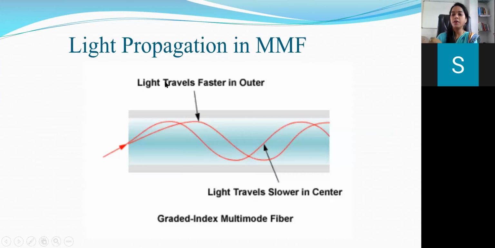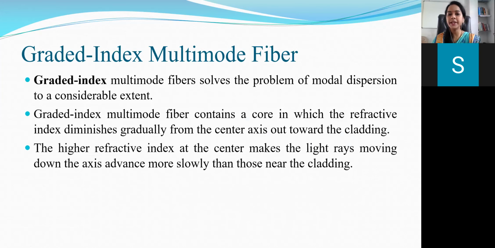The first point to be noted is that while designing this type of fiber cable, it is very difficult to have variable refractive indexes. What happens in graded index multimode fiber is that it solves the problem of modal dispersion to a considerable extent.